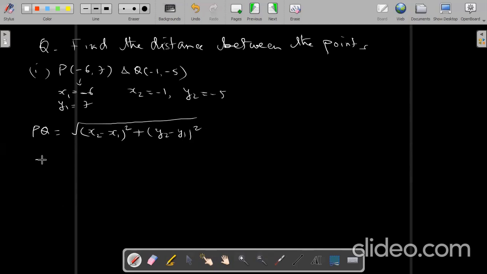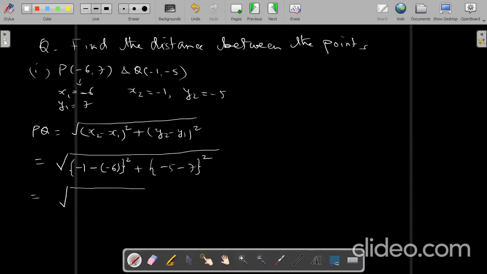Substituting, we get x2, which is minus 1, then minus x1, which is minus 6, whole square. Then plus y2, which is minus 5, minus y1, which is 7, whole square. Just solve it.